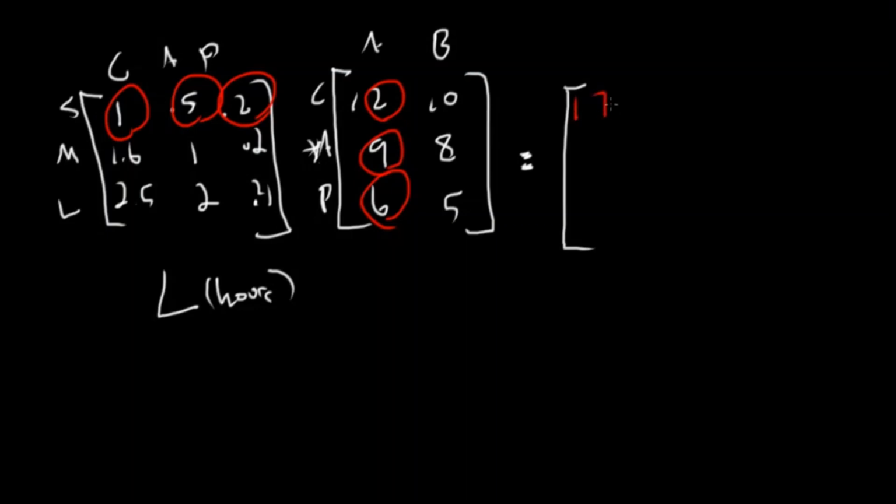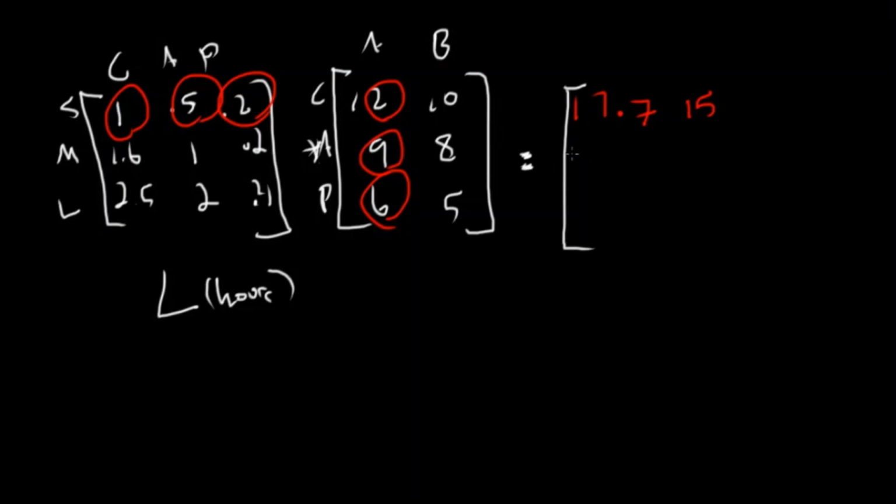That's 17.7. Same thing, 1 hour at $10 an hour, 0.5 hours at $8 an hour, 0.2 at $5 an hour. That's going to be 15. And I'm going to go ahead and pause for 1 second and then just pump out these calculations.